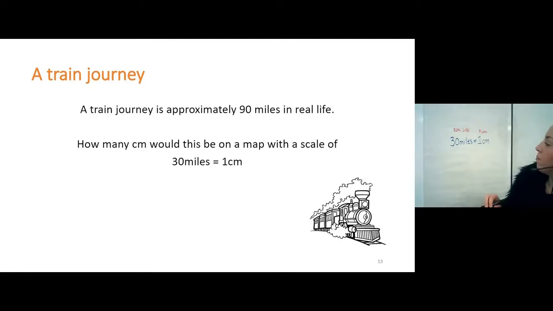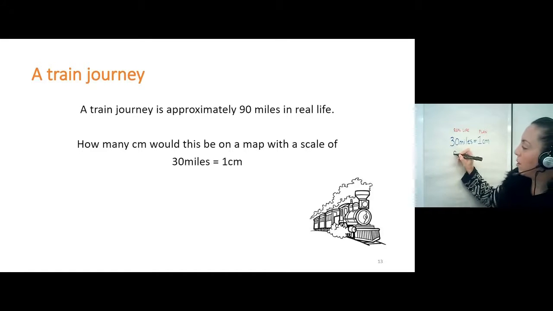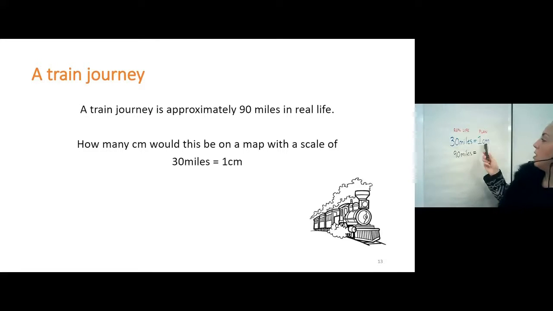So if a train journey is approximately 90 miles in real life, how many centimeters would this be on a map with a scale of 30 miles to 1 centimeter? So this time we know the real life measurement and it's been switched a little bit, but we know that they travel 90 miles. So on this plan, every 1 centimetre is another 30 miles. If they travel 90 miles, I'll show you in a couple of different ways as well.